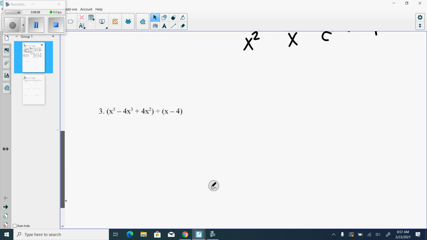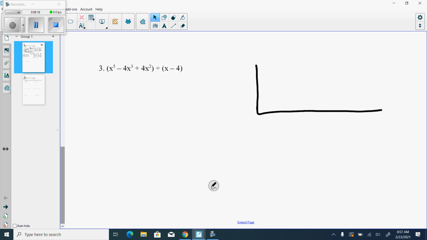All right, number 3. So how would I set this one up? What do I need? What am I putting inside the box? 1. Okay, so that was for x to the 5th. Next would be x to the 4th. Did they put 1? Right. Got to put in a 0 because they skipped x to the 4th.